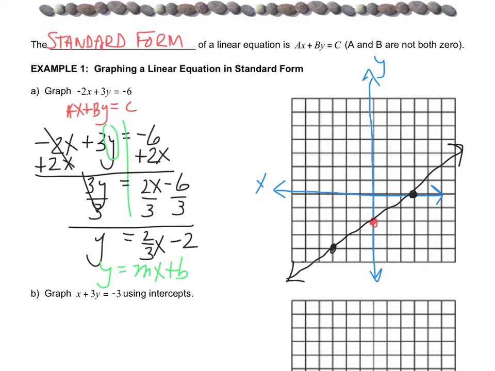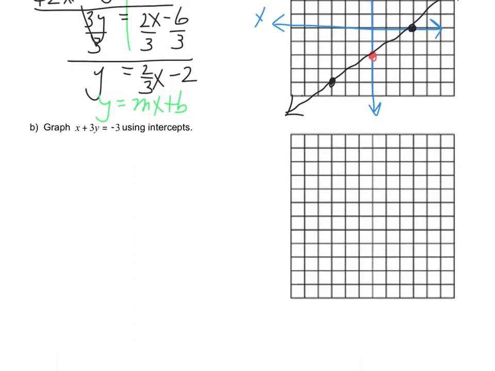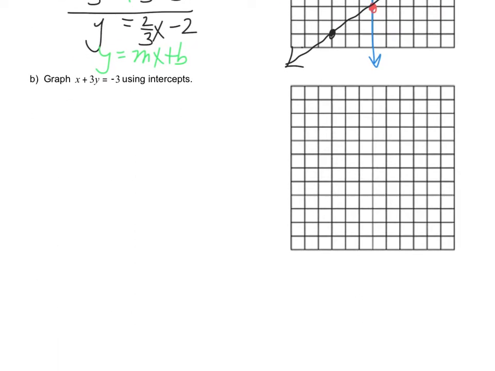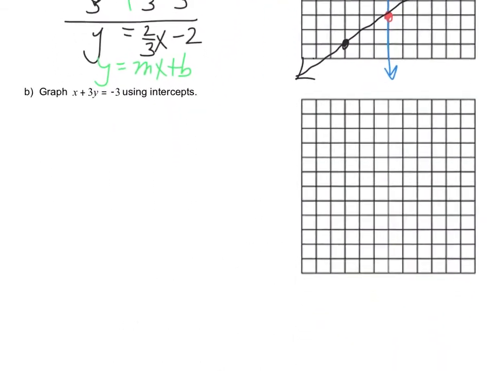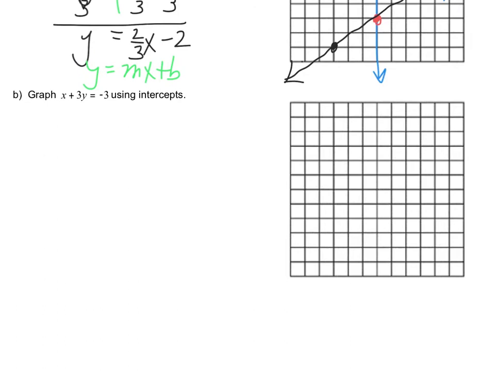So I want to do the next example. Without having to do that, one of the other things we talked about in the last lesson was that there are y and x intercepts. We talked about our x and y intercepts.